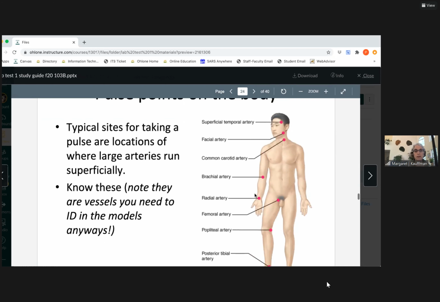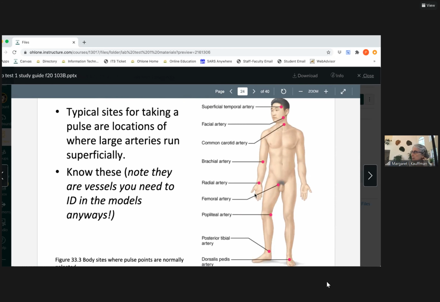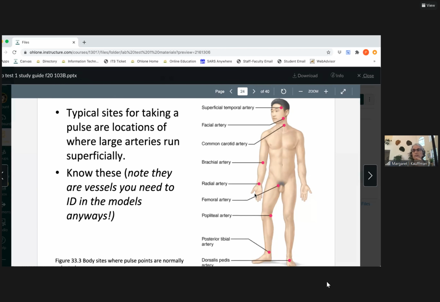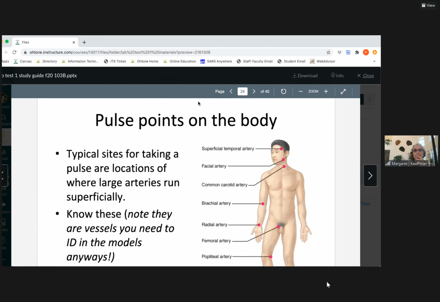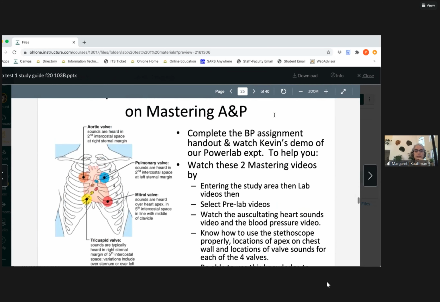So learn these pulse points. I suppose I could use a torso model or something, but I may just use a picture if I test you on that.